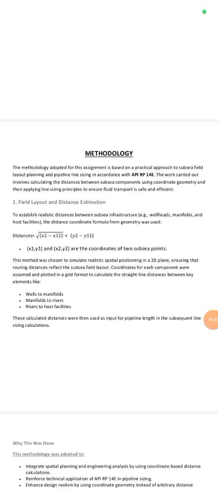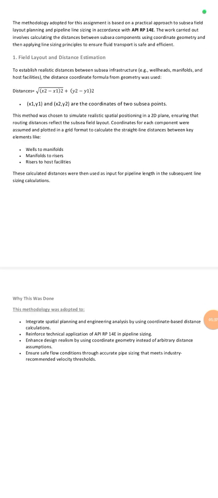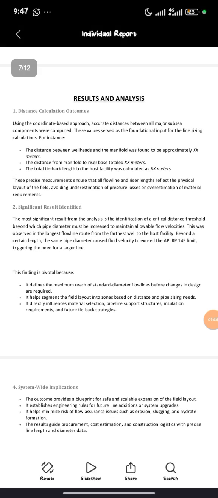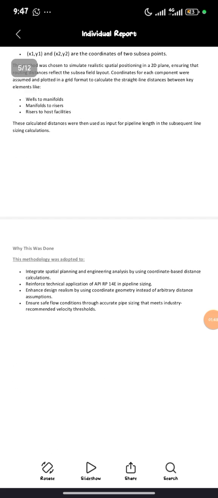I used the coordinate geometry distance formula, which goes thus: distance is equal to the square root of (x2 minus x1) all squared plus (y2 minus y1) all squared. This was the particular formula I used to get the distances based on the coordinates given in the Schuchtman guidelines given to us.